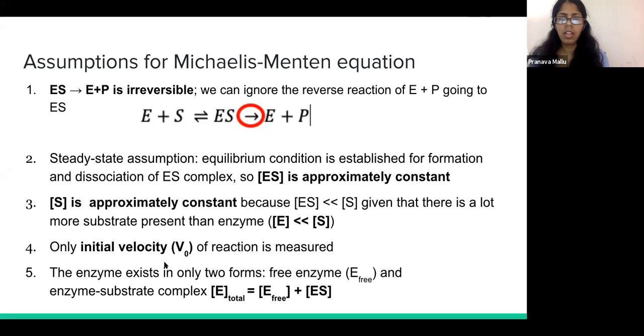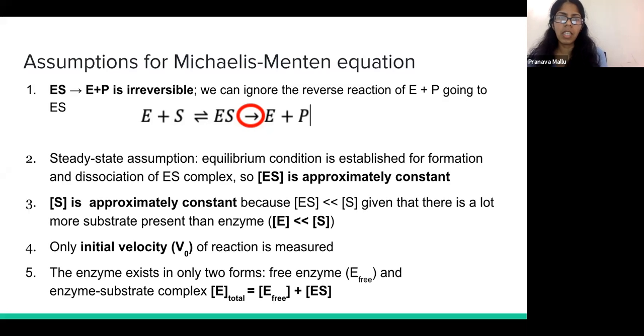And then the second assumption is called the steady state assumption. I would have you memorize the name of this assumption as well, because sometimes on the MCAT, they won't describe what it is. They'll just say steady state assumption.